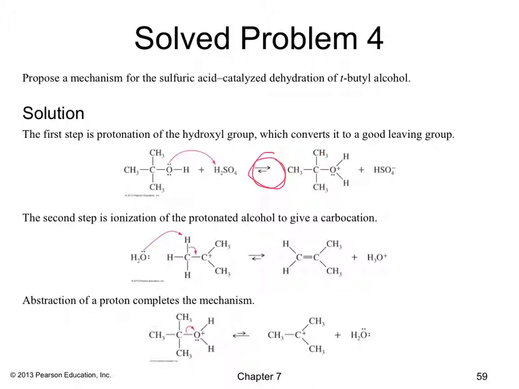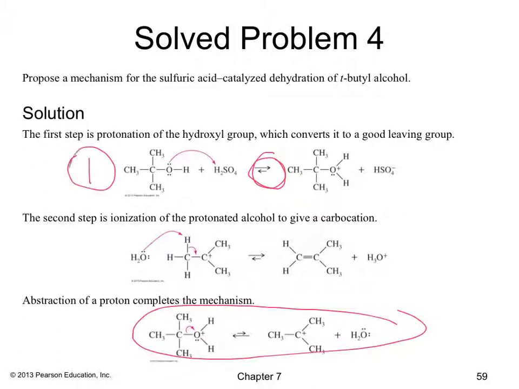Let me draw that in. Sorry, these two are mixed. So right here is the second step. This is step 1. This is step 2.